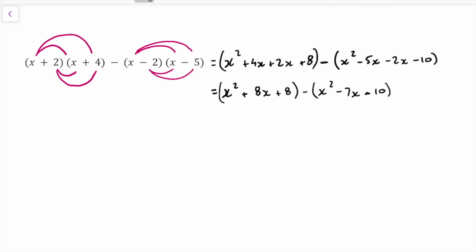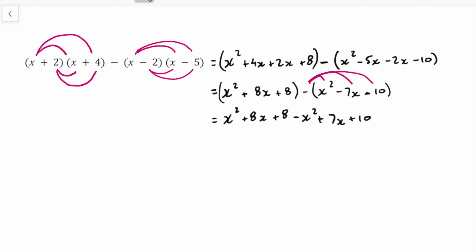Okay, now we consolidate a little bit more, so we've got x squared plus 8x plus 8, and then we distribute that negative across this bracket. We've got to distribute the negative across the bracket. So we're going to have minus x squared minus 7x, or plus 7x, sorry, plus 10.